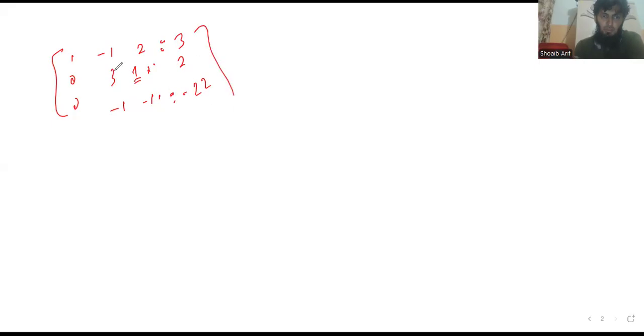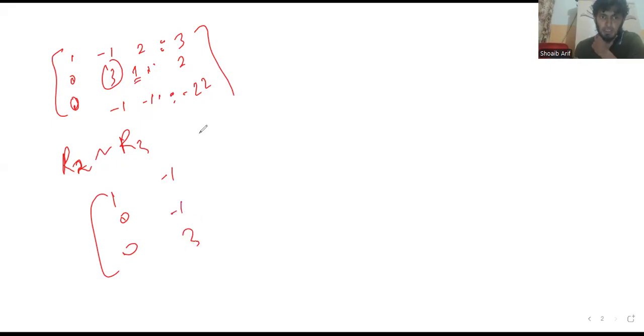Okay, so we require 1 in this place. So we exchange R2 with R3. So we get 1, 0, 0. Okay, this is 0, so this 0. So minus 1 in this place and 3 in this place. So minus 1, 3, and 2 as it is, 3 as it is.